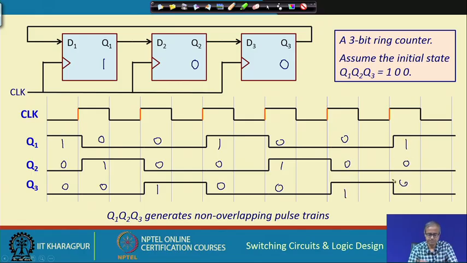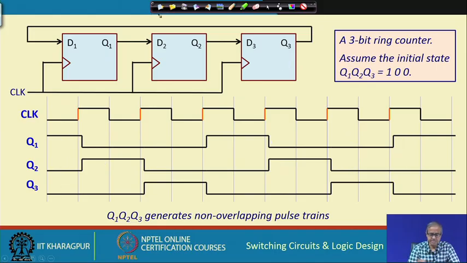This repeats. Now, if you look at the kind of pulses that are generated in Q1, Q2 and Q3, you see in Q1 there is a pulse generated here, and the remaining time it is 0. For Q2 it is here, and for Q3 it is here.